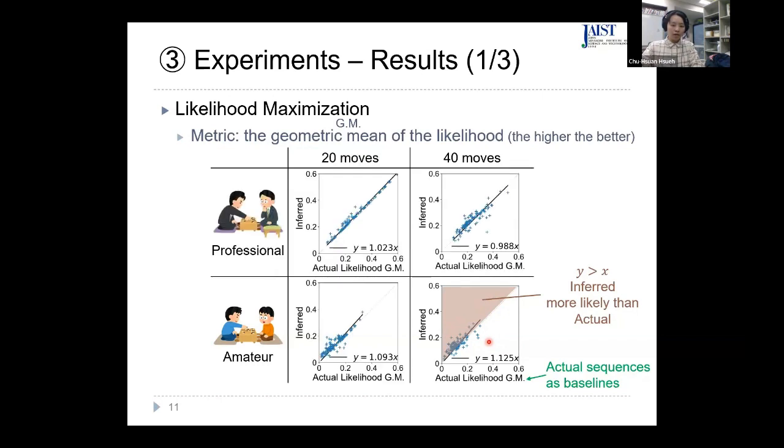Then let's see the 4 settings at once. Also, we calculated the regression lines. From the coefficient of the regression line, we conclude that the optimization was generally well done. In most cases, the slope is greater than 1.